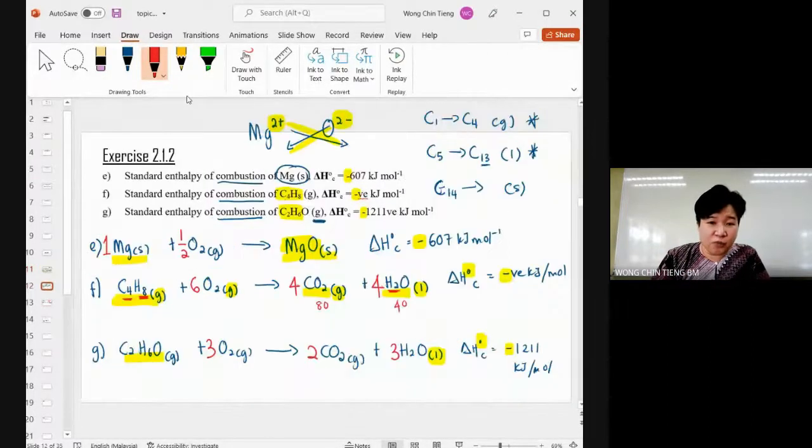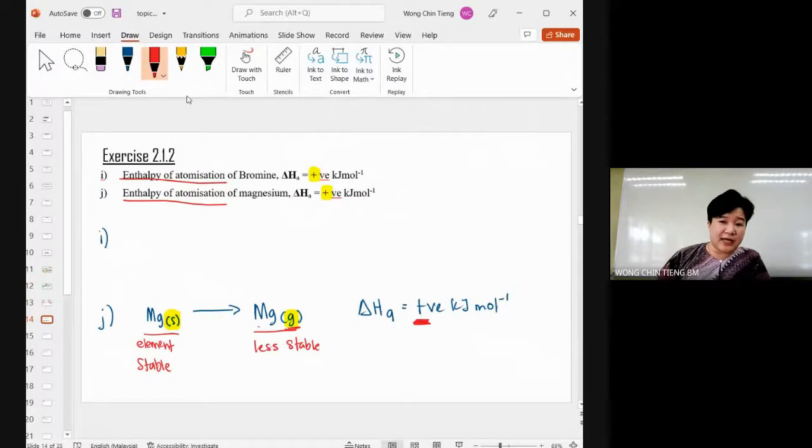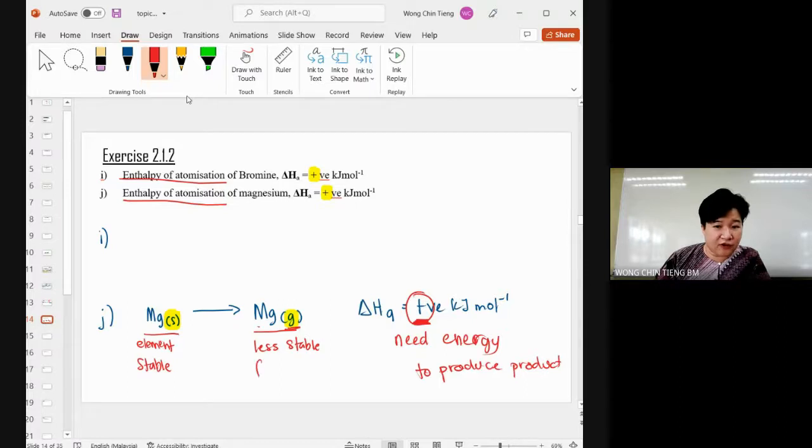Okay? So whenever you have a delta H positive, that means you need energy to produce the product. When you need energy to produce the product, it means you are forcing the product to form.